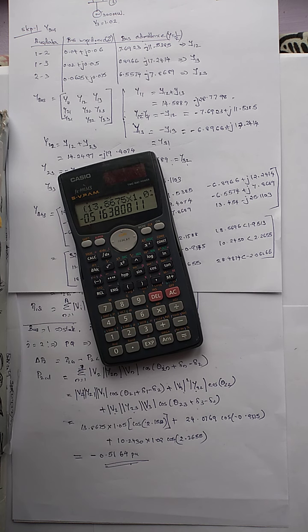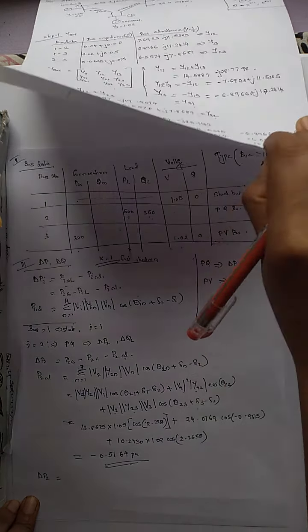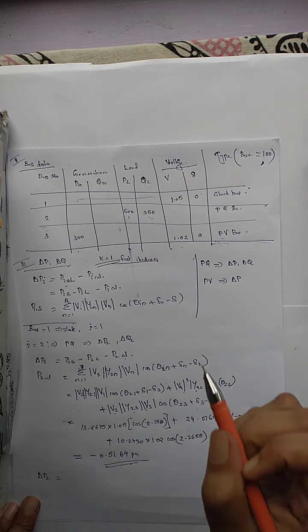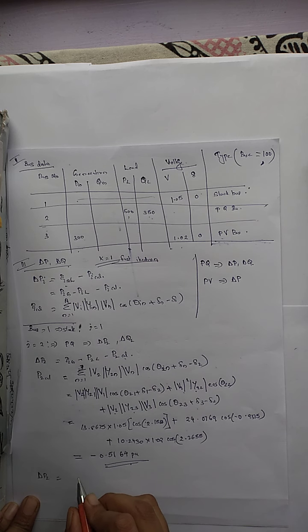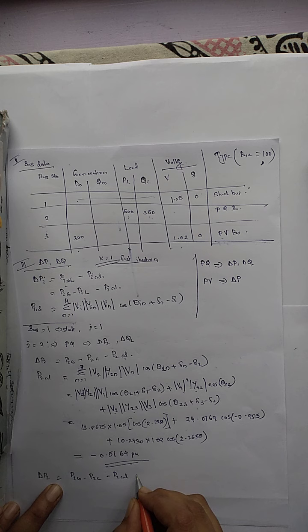Then we have to find out delta P, right? Delta P2 is equal to P2 generated minus P2 load minus P2 calculated. There was no value for P2 generated, so taking P2 generated as 0, minus P2 load is 5.